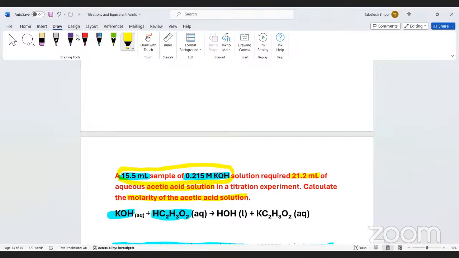But yes, it is similar to the molarity of the acid times the volume of the acid, which is equal to the molarity of the base times the volume of the base. But when you're dealing with titration problems, you've got to make sure to use the coefficients. Okay, that's the only extra step to doing titration problems.